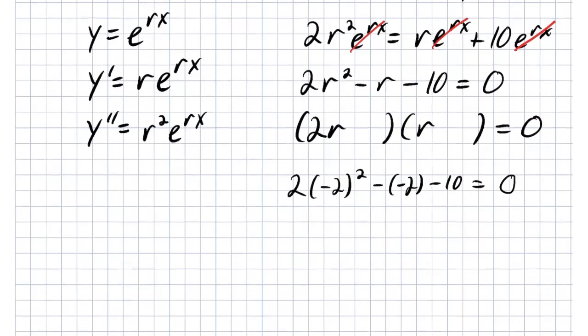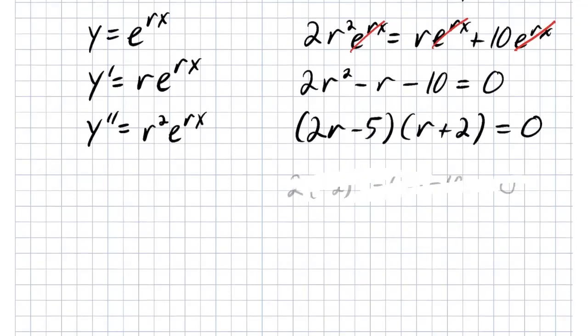So I will have a plus 2 here, and that means that this is a minus 5. Let's just make sure that that's correct. If I multiply this out, I'll get 2r squared minus 5r, and then plus 4r, and then minus 10.